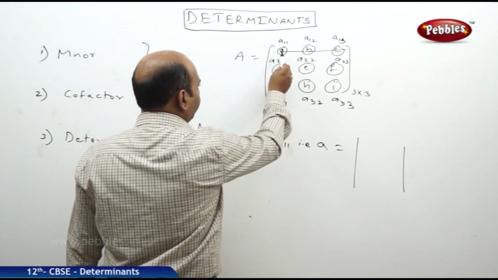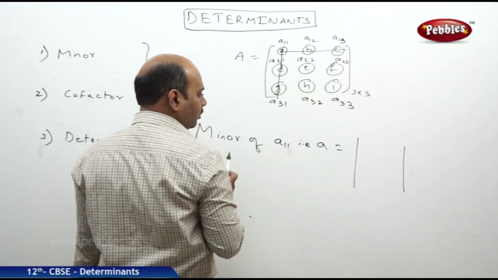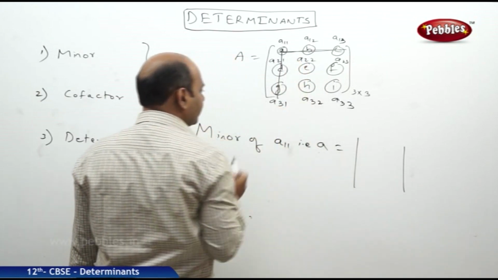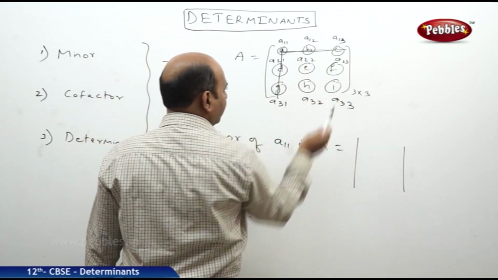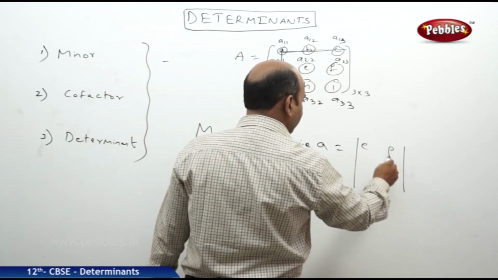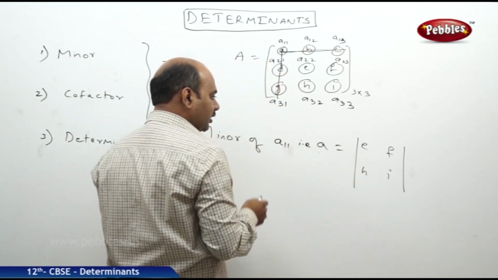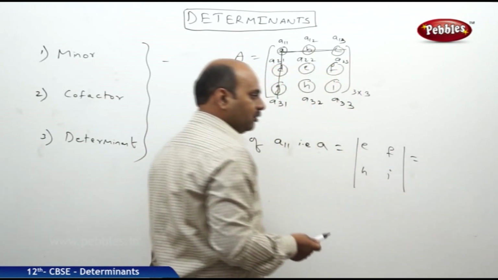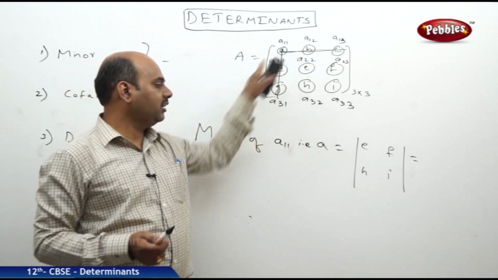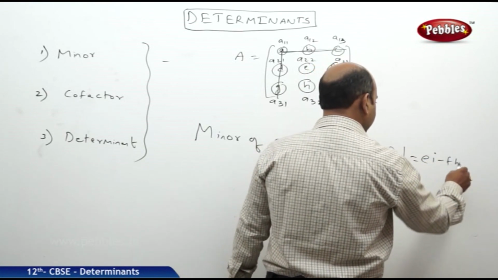If I am going to find the minor of a, I delete this particular row and this particular column. Whatever elements are remaining, I need to find the determinant of those elements. This value we call the minor of the element a in the given matrix, and it is given by ei minus fh.